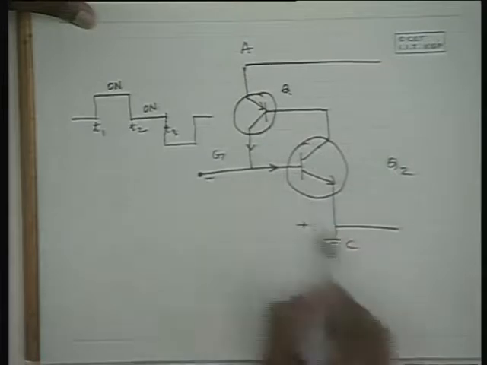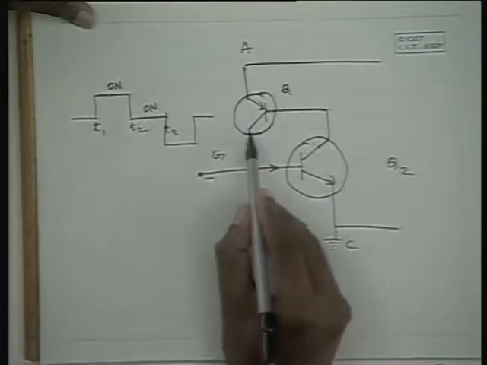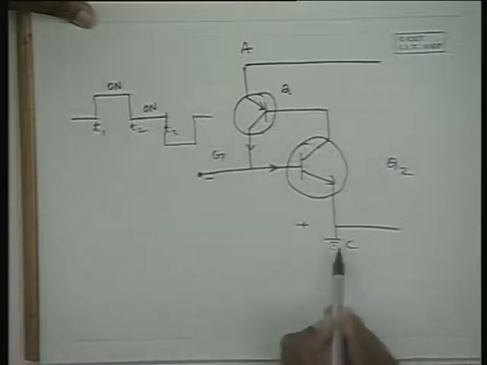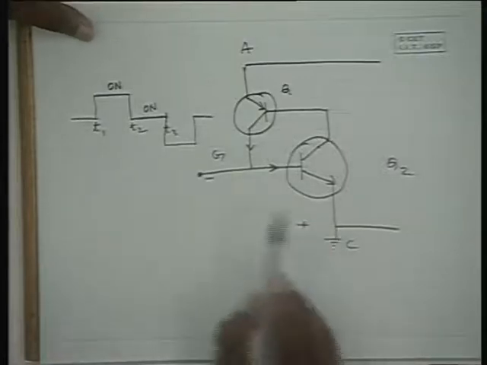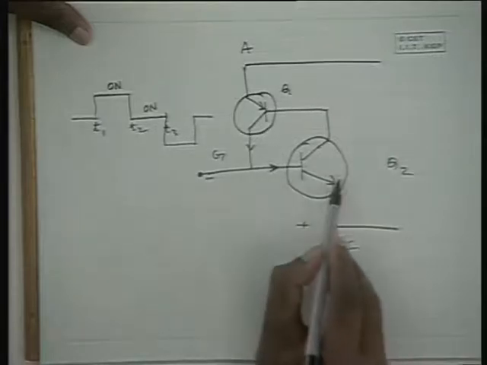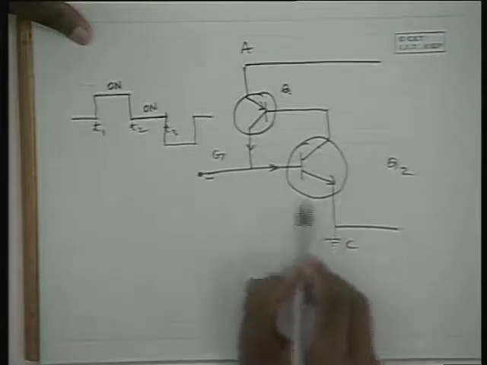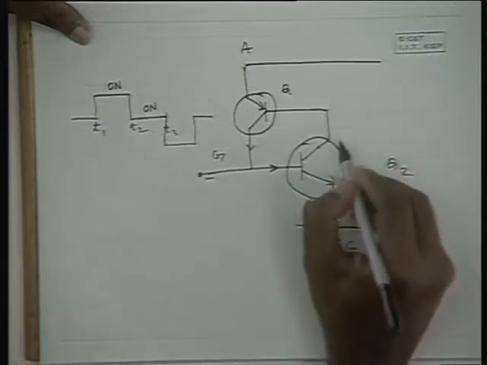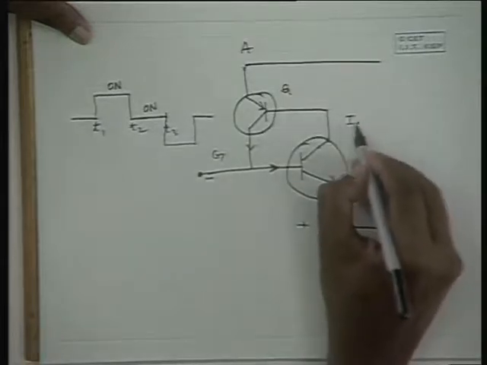But now, because of this negative potential applied here, this current will now get routed to the negative source, and this junction being now reverse biased, no base current flows. And when no base current flows, the collector current becomes 0 except for IC naught.